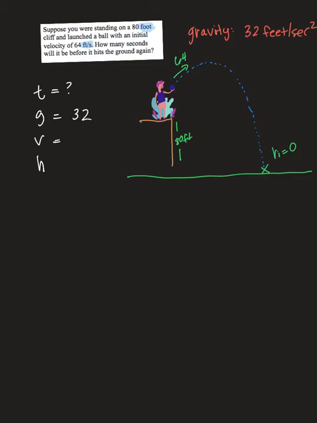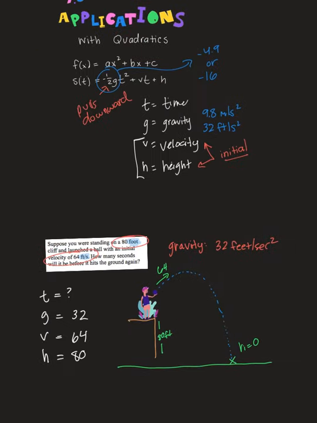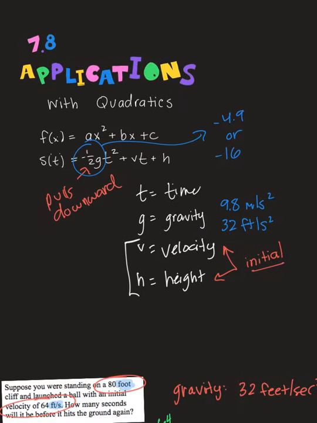Our v is velocity, and that was given to us in the problem. Velocity of 64, so v is 64. And then h is our initial height, so 80 feet right there. So we know our initial height is 80. Okay, let's kind of backtrack a little bit here. Our s of t, let's add that. s of t is our ending height.